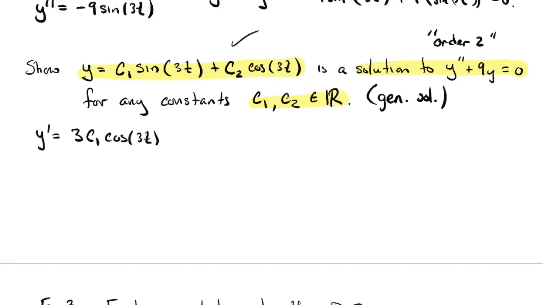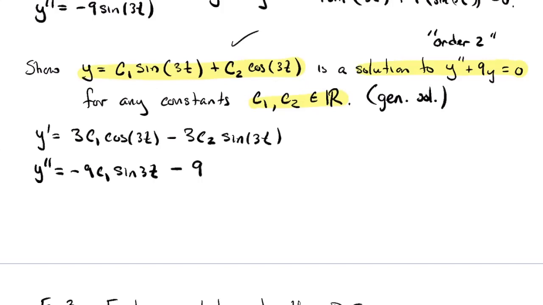And likewise, the derivative of that second term is minus 3c2 times the sine of 3t. Okay, so then differentiating again, we're going to get minus 9c1 times the sine of 3t. We're going to get minus 9c2 times the cosine of 3t. So that chain rule spits out another 3, making those 3's 9's.